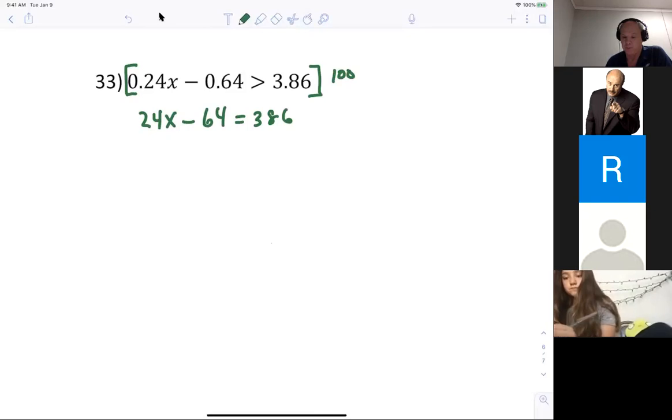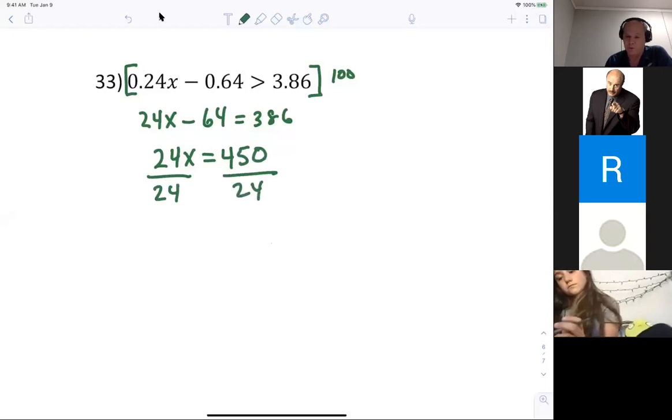Everybody okay with that? Yes. Now let's add 64. So 24x is equal to, then we add 64, what would that be? 450. And now we want to divide by 24.